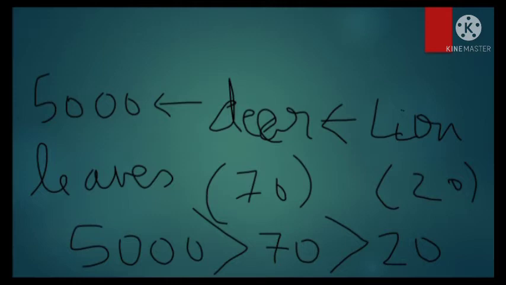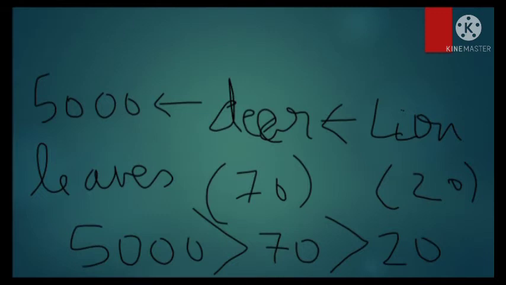That means the deer will be there. And if I see the number of lions, usually the number of lions will be less in comparison to the deer. Suppose 20 lions are there. So they will be on top of the deer.